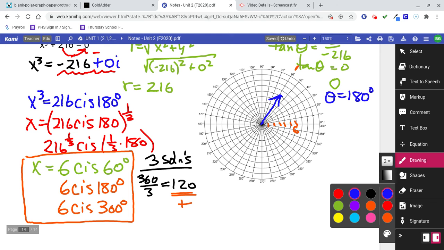Sometimes people will make their arrow too long. 6 cis 180. So just follow that same circle. 1, 2, 3, 4, 5, 6. It's going to end up right there at 180. And 300, you want to follow that same circle. Radius of 6 at 300, it's going to be right where? Right there.